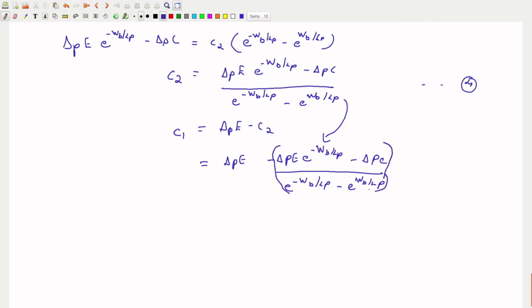This is in bracket, which can be simplified and written as delta PE e raised to WB by LP minus delta PC by e raised to WB by LP minus e raised to minus WB by LP. This is C1 and this is our equation number 5.